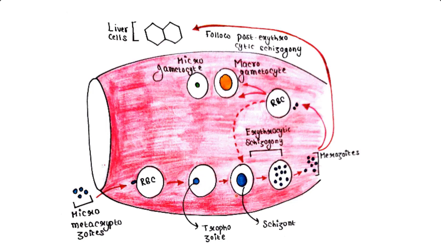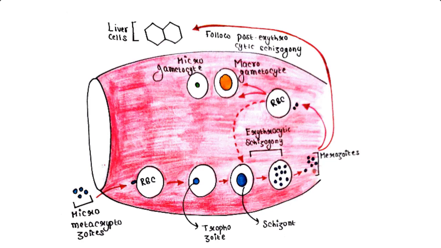And it grows up in size and is called schizont. The schizont now undergoes multiple fission to form a number of cells in the RBC, and these cells are called merozoites. Due to the pressure, the RBC bursts and merozoites get liberated from the cell into the blood plasma. And this phase of asexual multiplication is called erythrocytic schizogony because it is performed in erythrocytes or RBC.